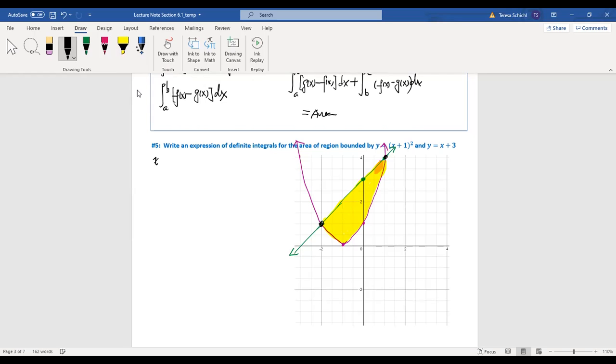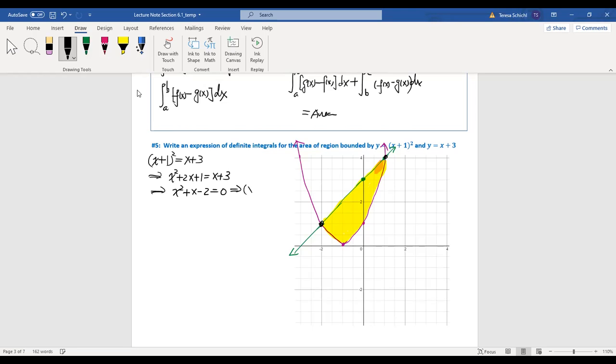So you will set (x plus 1) squared equal to what? x plus 3. Right, so then here you will have x squared plus 2x plus 1 equal to x plus 3. So you will have x squared plus x minus 2 equal to 0.